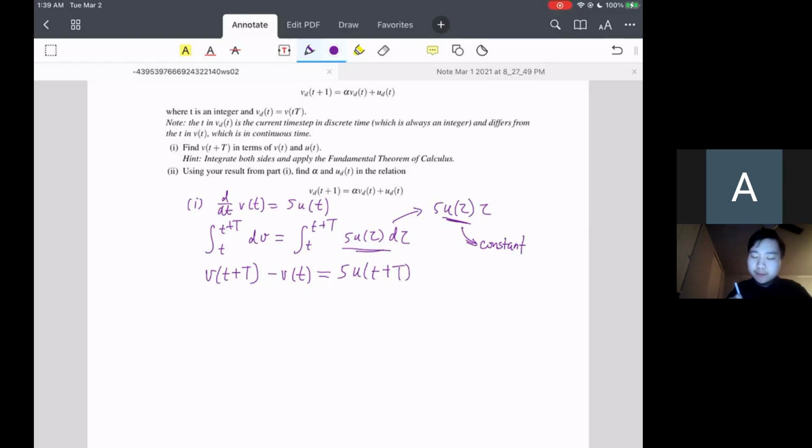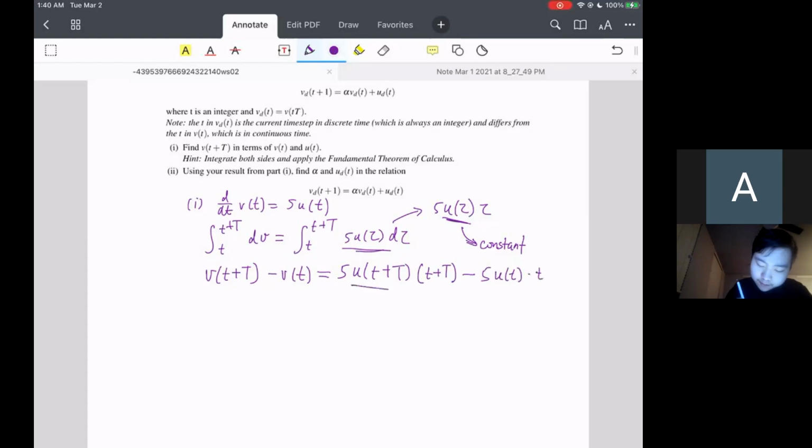And then we just use the fundamental theorem of calculus to see that this is actually equal to 5 U(t) times (t+T) minus 5 U(t) times t.